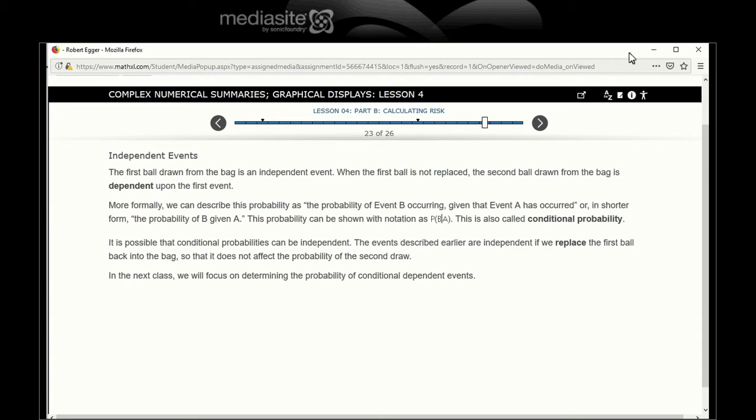Okay, so the first ball drawn is an independent event. So the first event is always independent. Let's see. When the ball is not replaced, big concept, replacement, non-replacement, the second ball drawn would be dependent upon the first event.